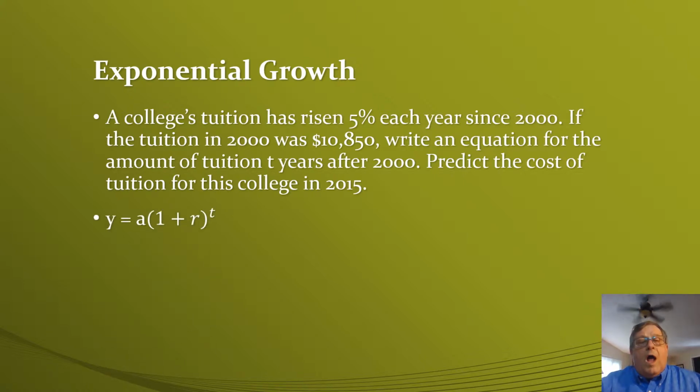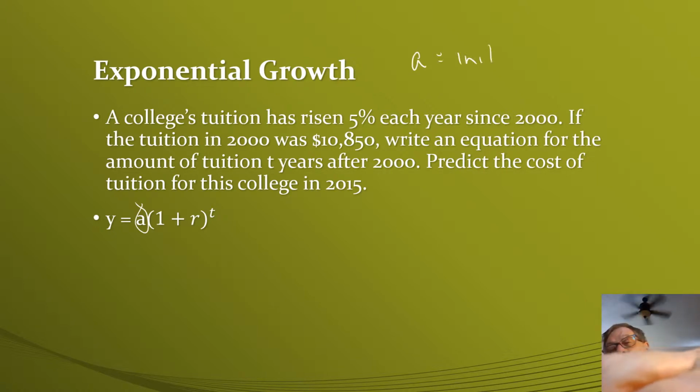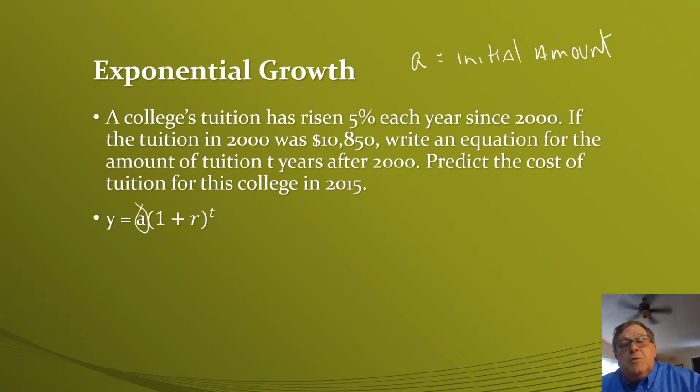So if we had y equals a, where a is an initial amount. In our case here, this initial amount would be the tuition, $10,850 in the year 2000. So we have a times 1 plus r.